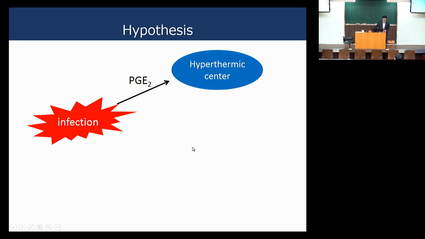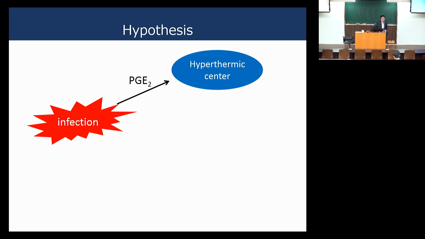So here I came to one hypothesis. Usually when we get an infection, prostaglandin E2 is increased in our body, and then this prostaglandin E2 works on our hyperthermic center. It is said this hyperthermic center is in the hypothalamus.